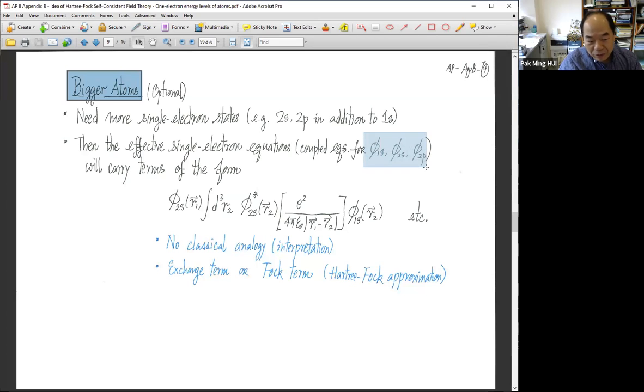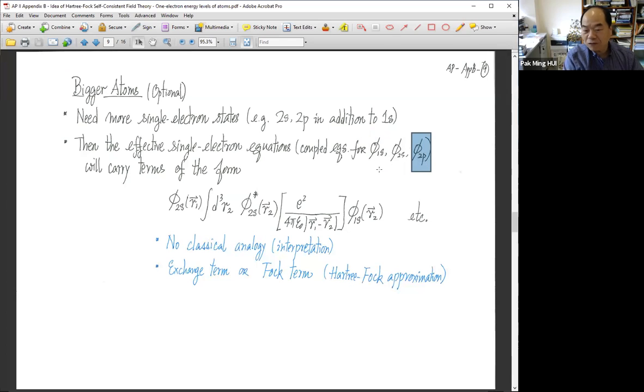So if you think about it, when you have different states involved, you have to set up one equation for 1s, another equation for 2s, another equation for 2p.